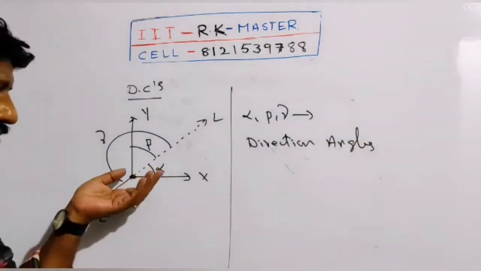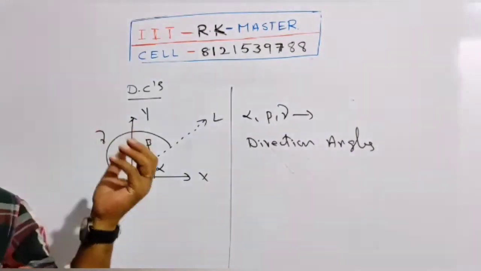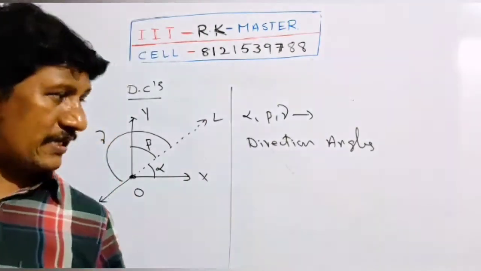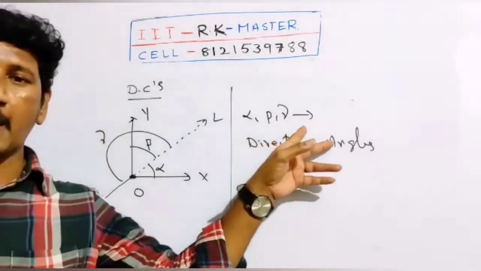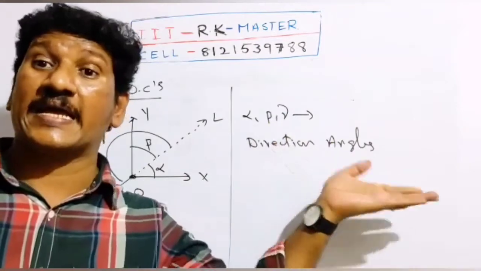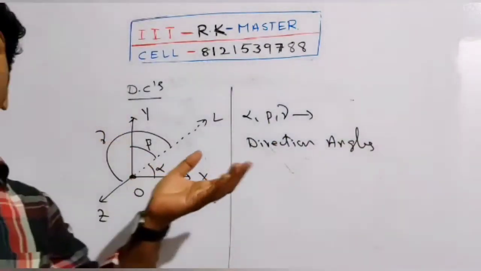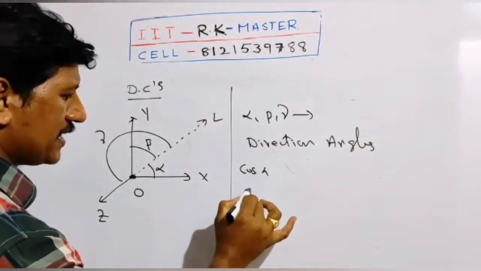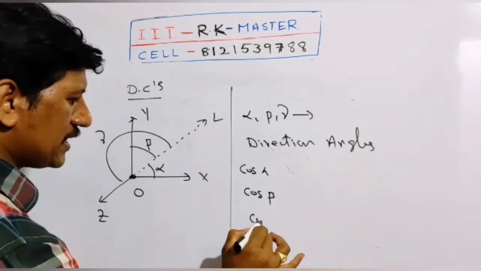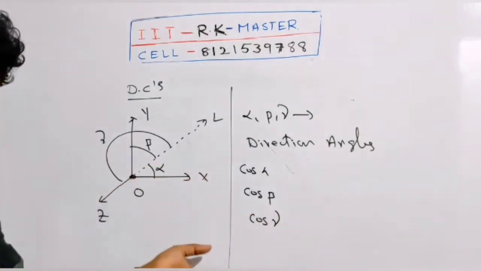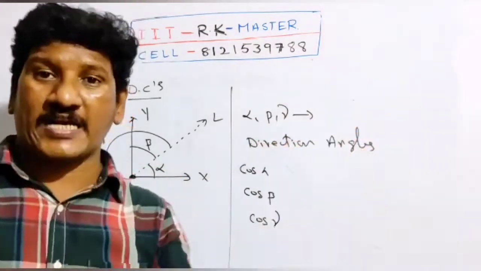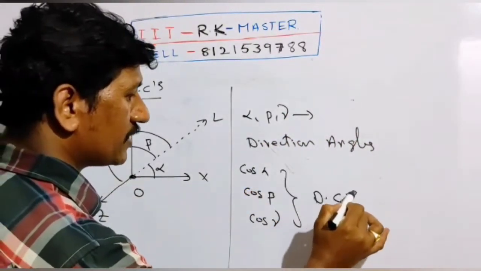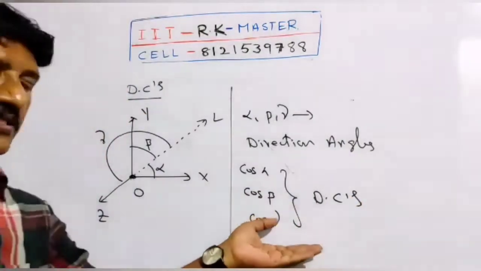If the line is passing through the origin and making alpha, beta, gamma angles with the x, y, z axes respectively, then such angles are called direction angles. Whenever you apply cos to these angles, that means cos alpha, cos beta and cos gamma, these are called direction cosines.